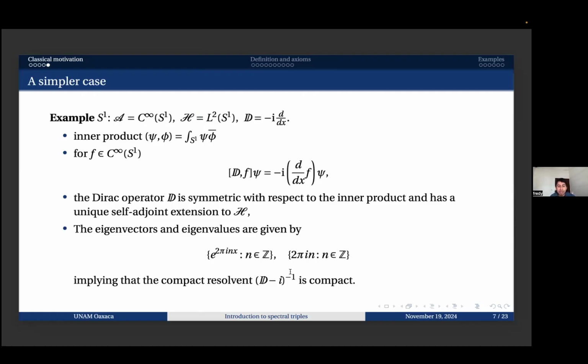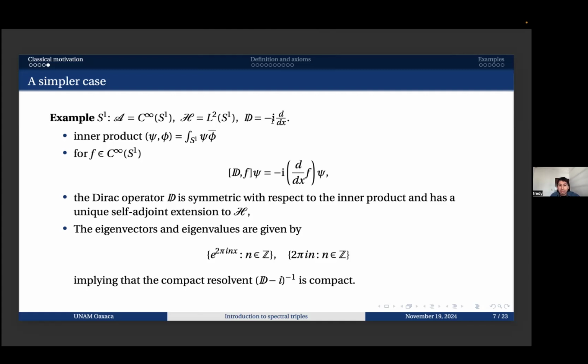If we take S1 as a space, then A is the smooth functions on S1, and the Hilbert space is the Hilbert space of L2 functions on S1, and D, defined in this way, is just the derivation, with this minus i, the complex number.